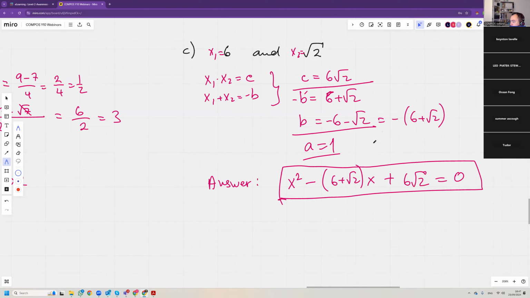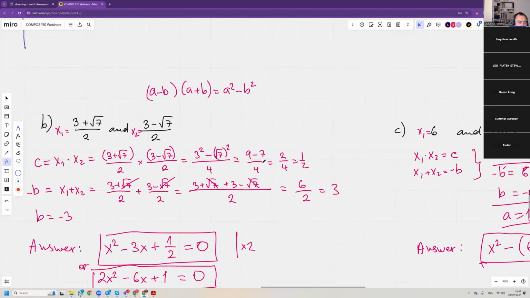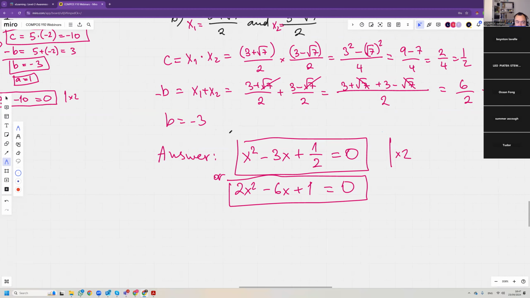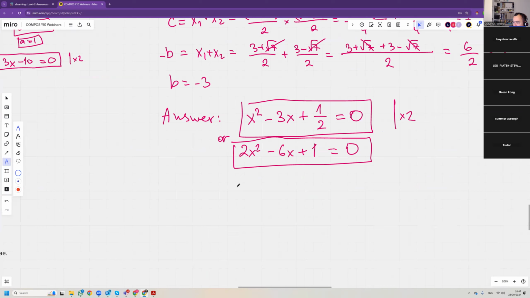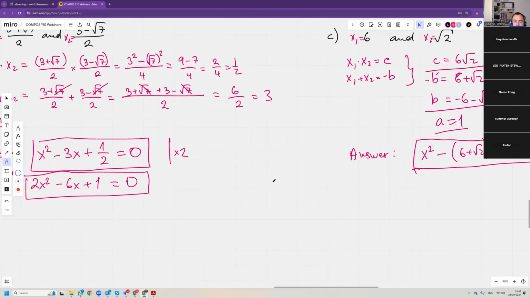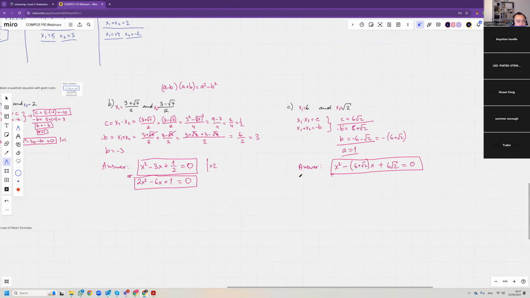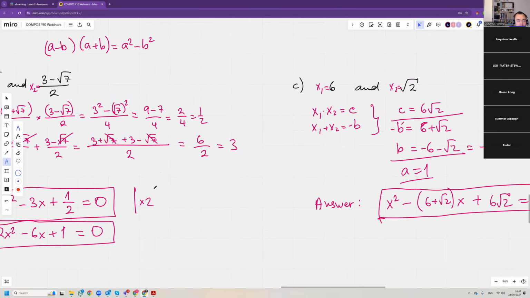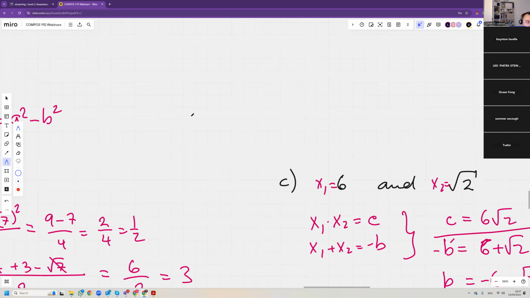Yes, Sharon, thank you for answering that question. You multiply both sides by minus 1. So the question was, how do you know if minus b is 3, b is minus 3? You multiply both sides by minus 1. Or, some people don't like multiplying, they say minus b is 3.